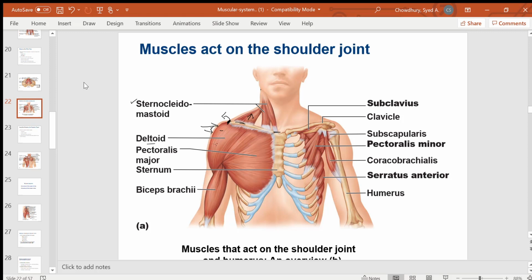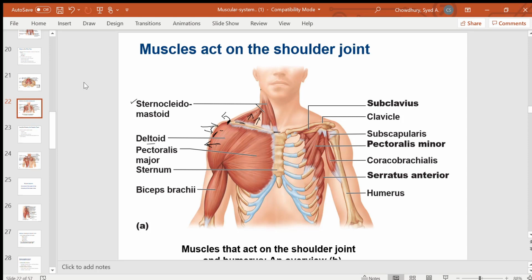So like sternocleidomastoid will move upwards, right, towards it. Since the deltoid is the lateral muscle, it will move laterally. That is called the abduction of the arm. Make sense? So towards it.